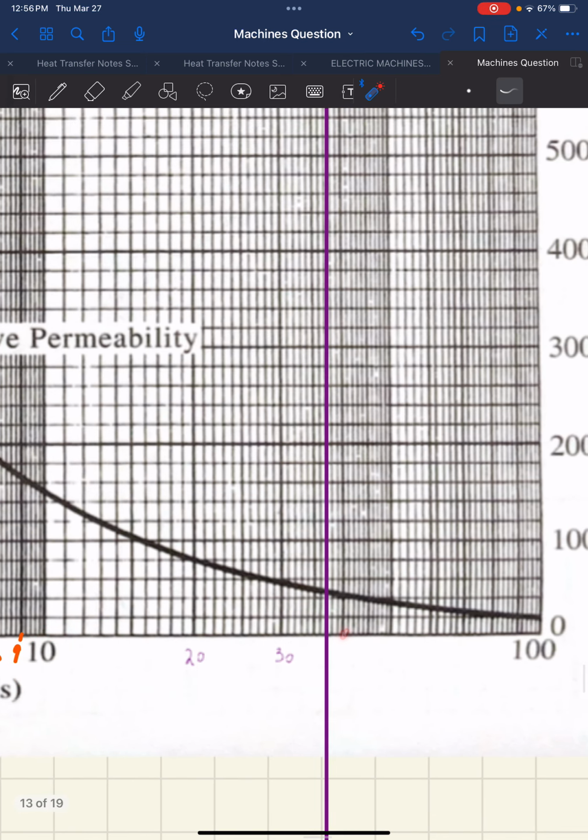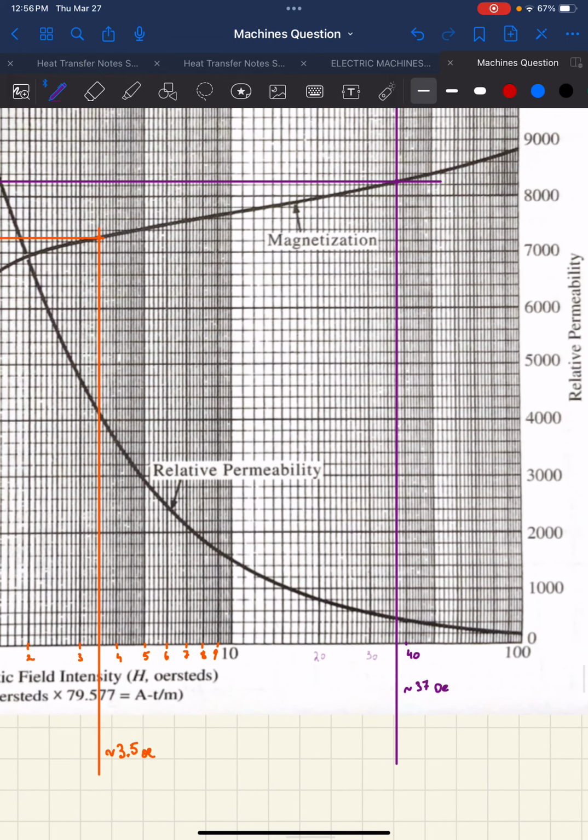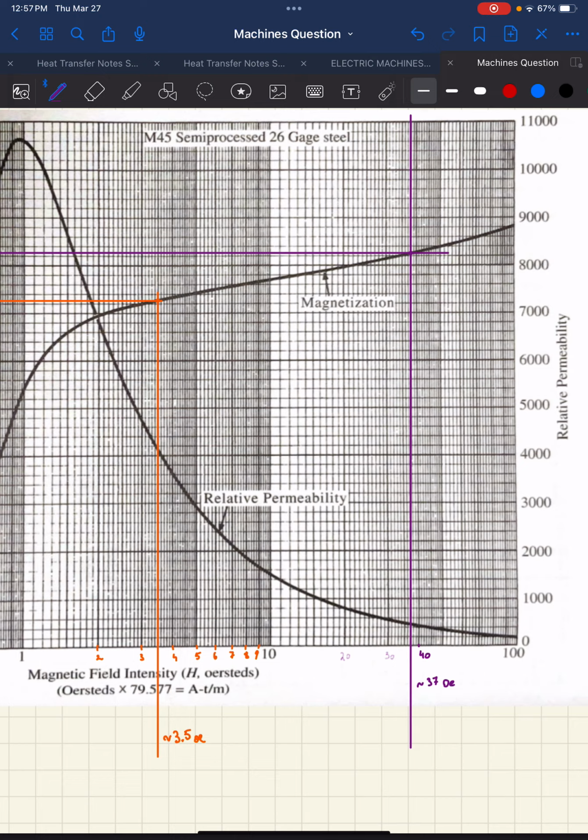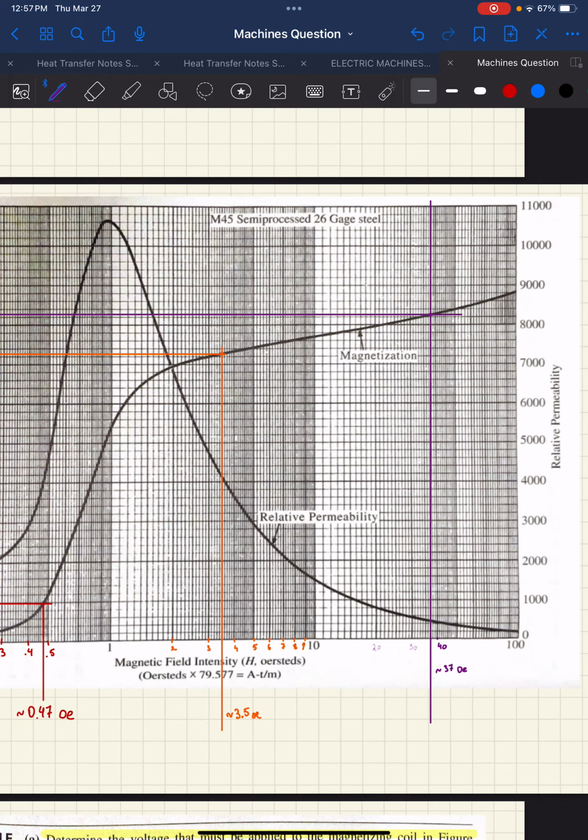So this over here is like 40. So I'm getting approximately 37 Oersteds, which is, I believe, exactly what they got. Let me just double check. Yes, they got approximately the same thing, 37 Oersteds. Okay, so we did a good job lining things up here. All right, 37 Oersteds. And then we got to convert that to H.